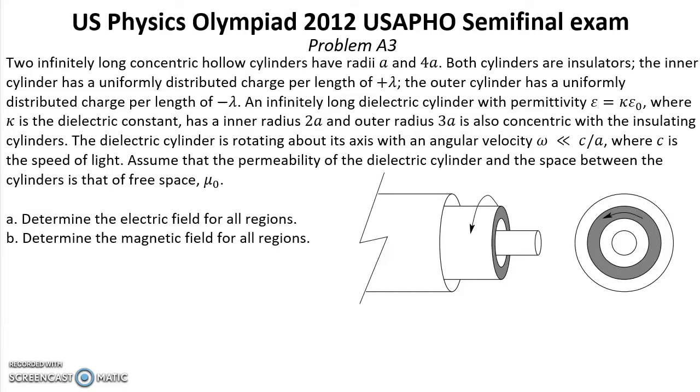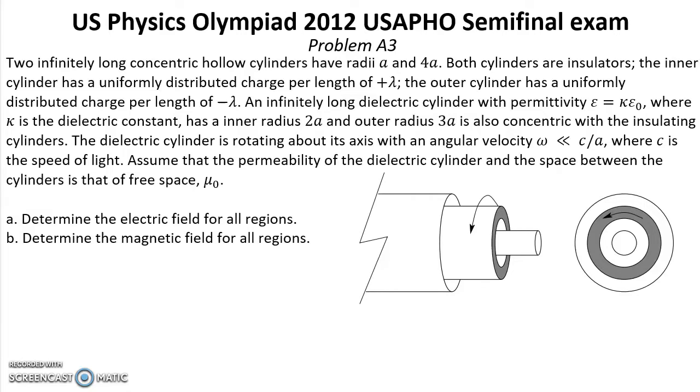Two infinitely long concentric hollow cylinders have radii a and 4a. Both cylinders are insulators. The inner cylinder has a uniformly distributed charge per length of plus lambda. The outer cylinder has a uniformly distributed charge per length of negative lambda.